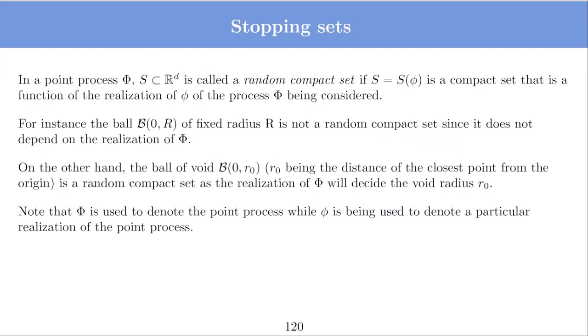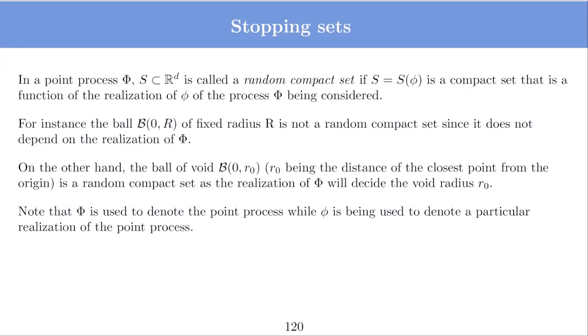So let me first define what a random compact set is. In a point process phi, any subset of R^d is called a random compact set if S is a function of phi.